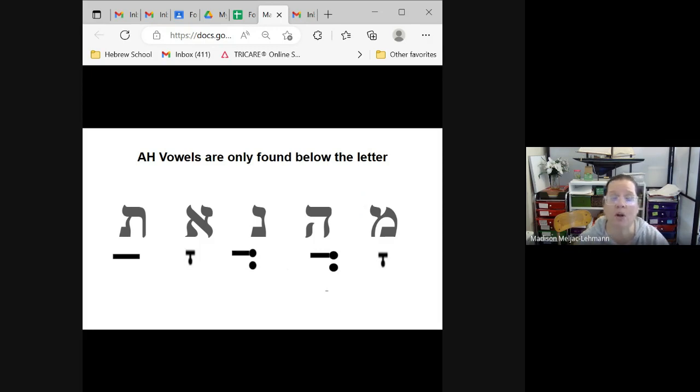So if it's below the letter, there's a good chance it's going to be an "ah." What kind of "ah"? That's what we need the symbols for, but it's going to be below. So here's how it would look being written: ma, and we read up and down here, ha, na, ah, ta. That's how that works.